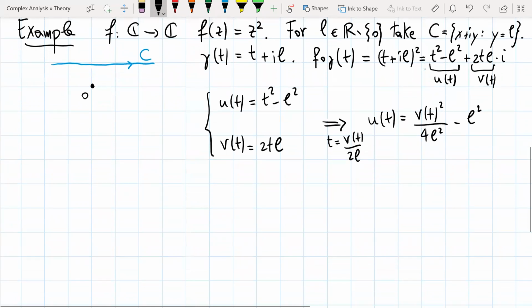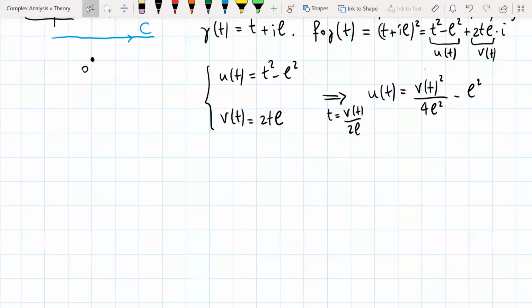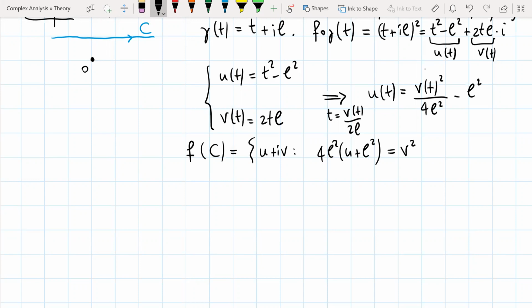Okay, so now we can read off what this curve is. This curve f of C, these are all the u plus iv, such that 4L squared times (u plus L squared) is equal to v squared.